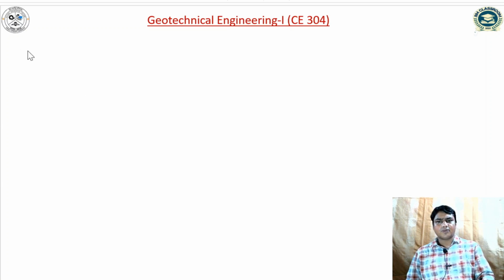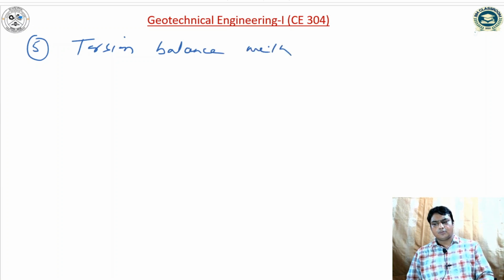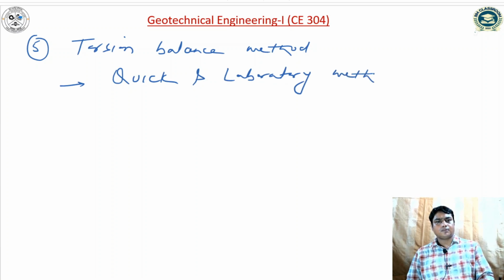Fifth one is the torsion balance method. Briefly we have to know the torsion balance method. It is a quick and laboratory method. And the last one is the radiation method.